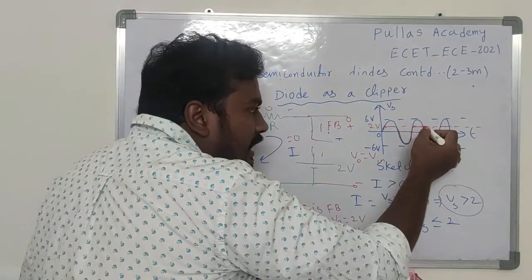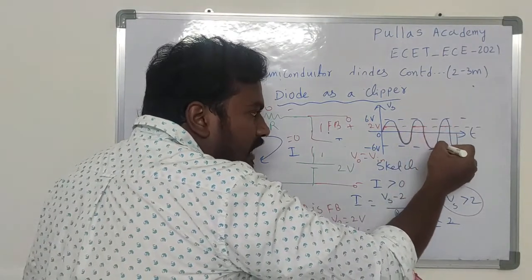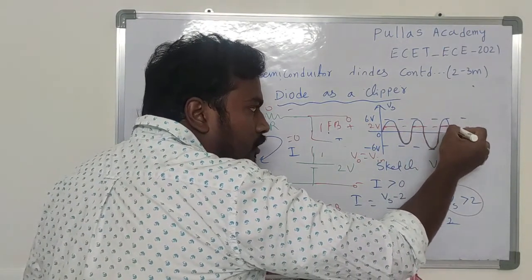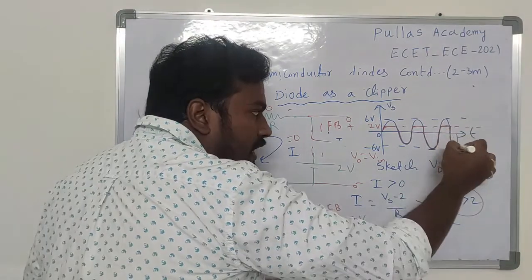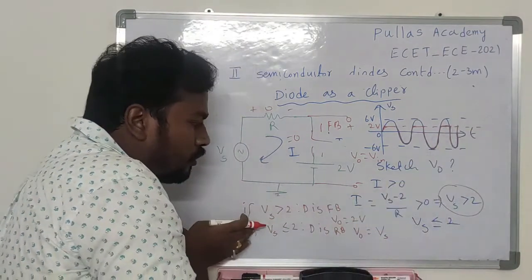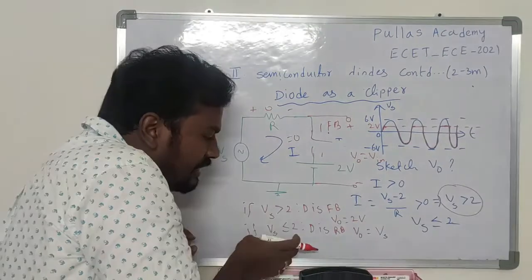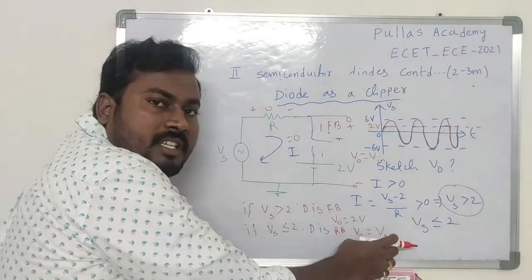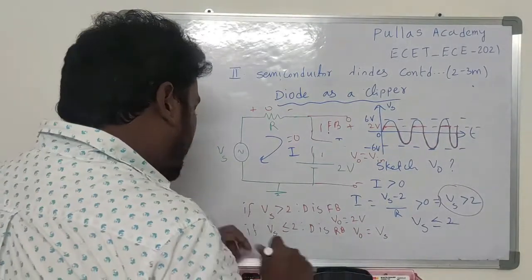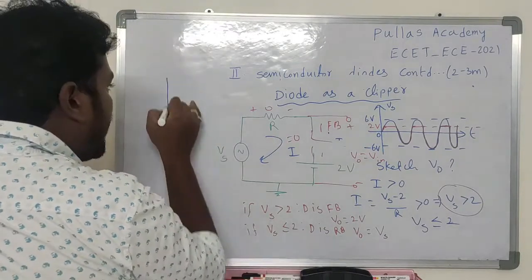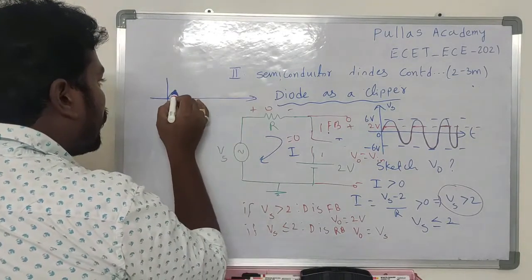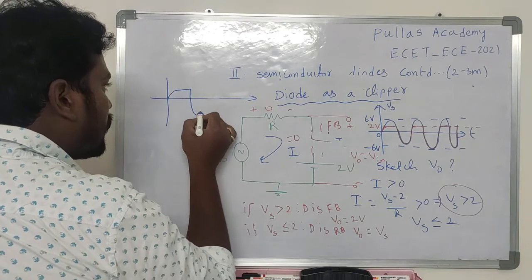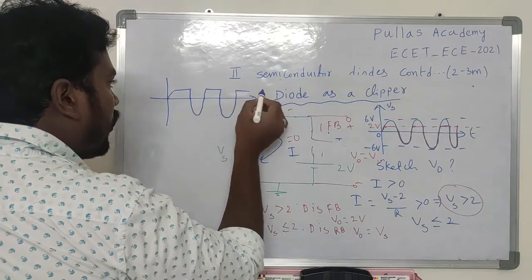When Vs is more than 2, V0 is 2 volts. So the output voltage is being clipped off to 2 volts.